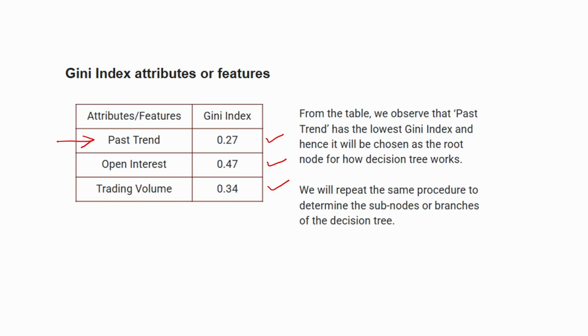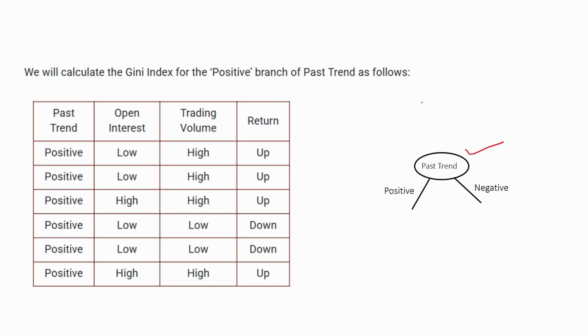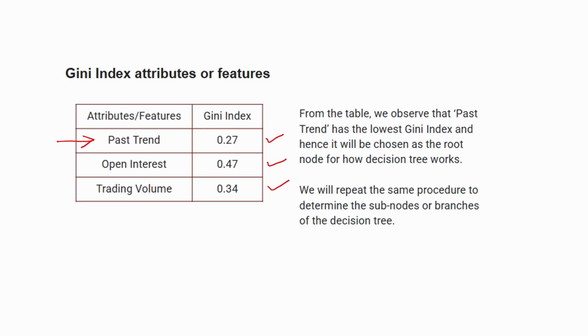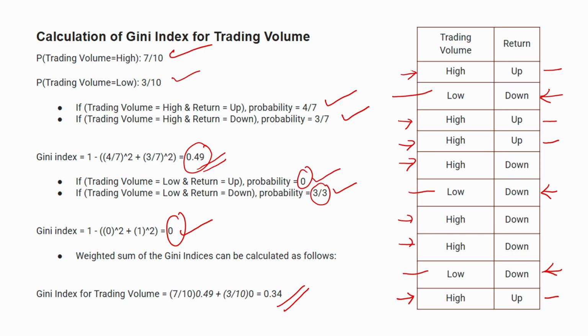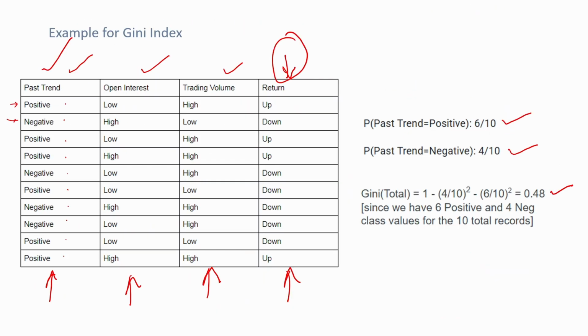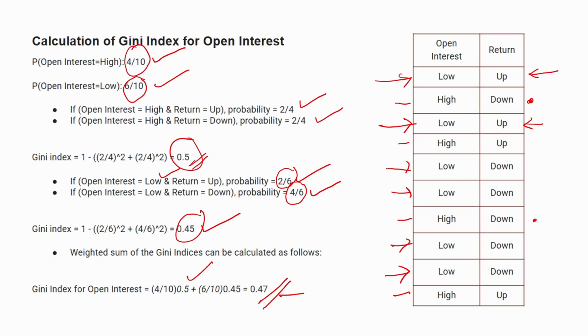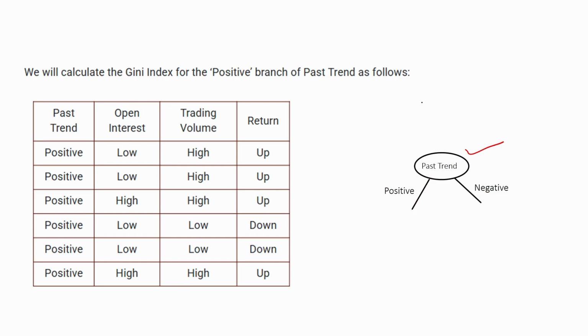Let us consider the next step. Past trend we have chosen as the root node here. For past trend there are only two options, positive and negative, so we have kept two branches. Let us consider the positive side first. For past trend, we are considering only the positive entries.